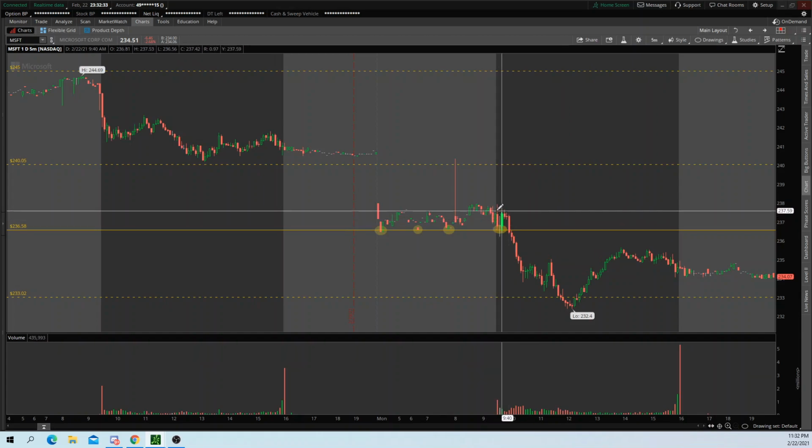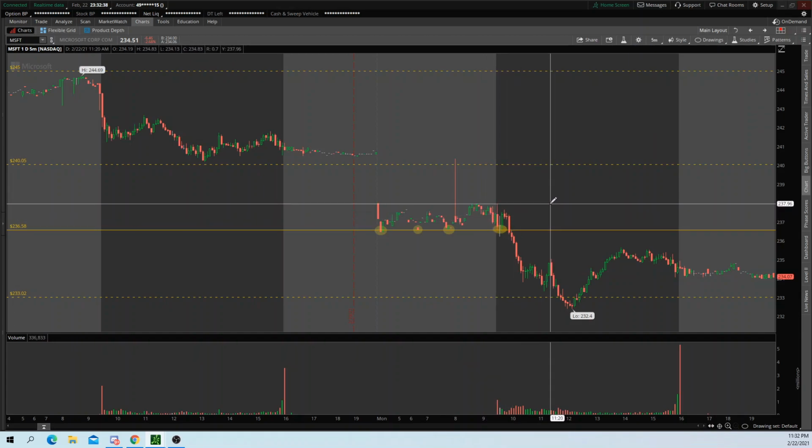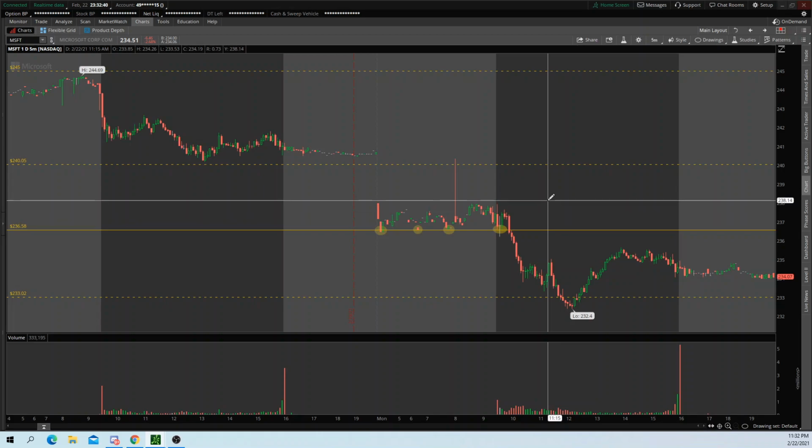So this stock, Microsoft, was showing relative weakness, which basically means that relative to the overall market, it is showing weakness. Ideally, you want to see Microsoft and QQQ correlate. You want to see both price actions line up very alike.